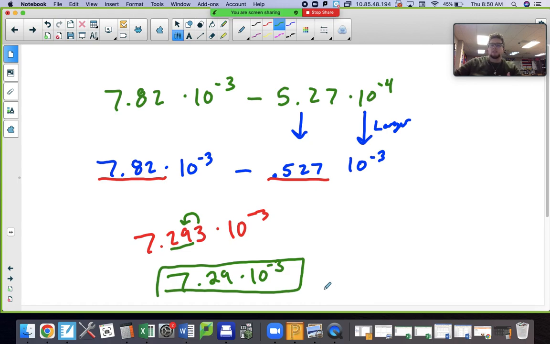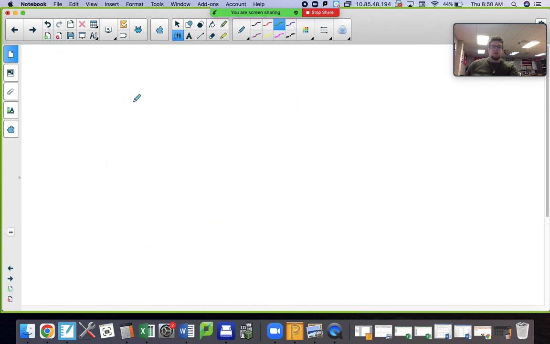And this process can be repeated regardless of how large or how small the power of 10 is. They just have to be the same power. It also doesn't matter how far away they are. So if it was like 6 times 10 to the 5th and we're subtracting 2 times 10 to the 1st, I'm going to change one of these powers.